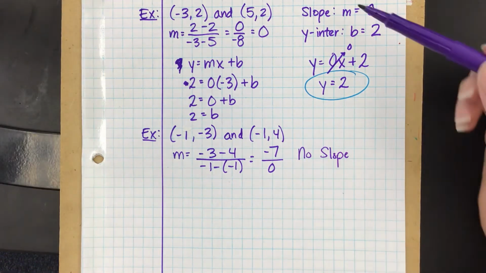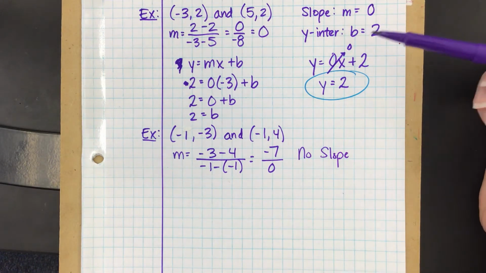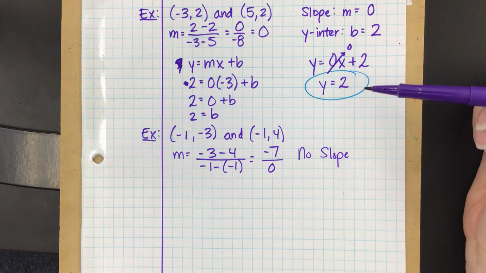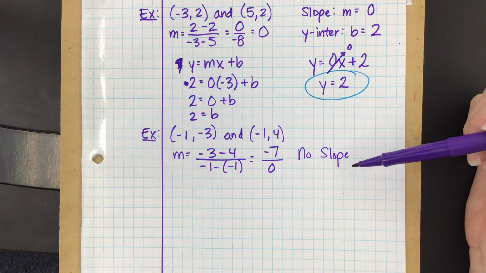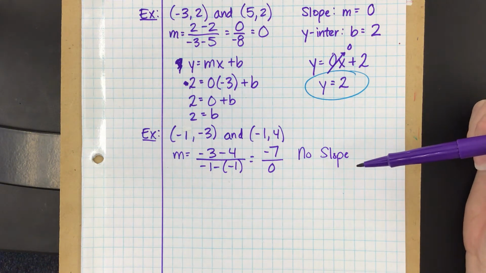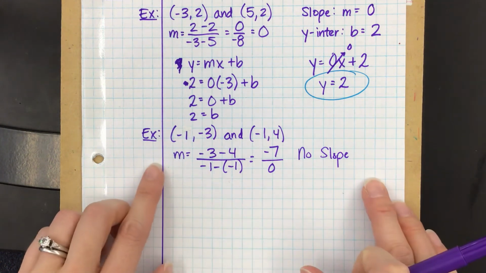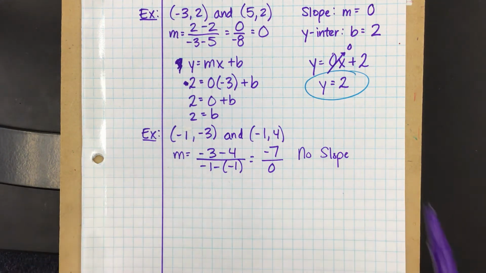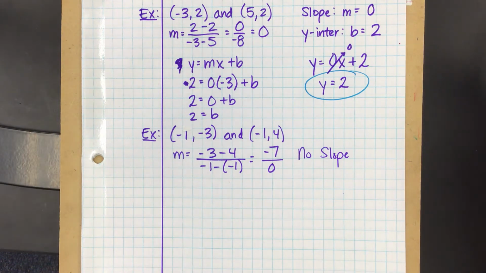Okay. Well, with this line right here, it naturally flushed out that it was y equals 2. The x equals lines are not as easily flushed out. They don't follow the rules. So whenever you have this happen, you just have to know that my line is vertical and that my equation is x is equal to something.